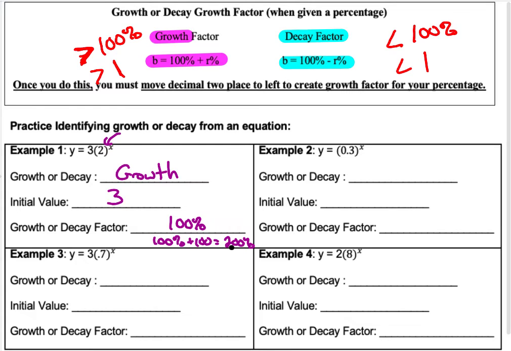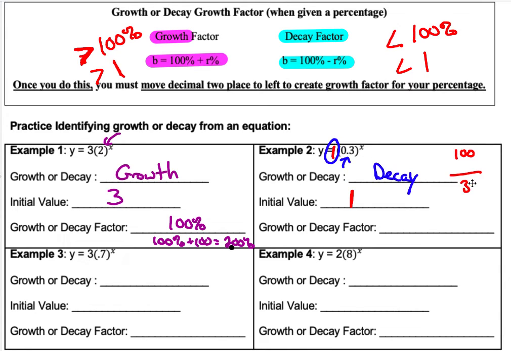All right, next one. I look inside and I've got 0.3. That's definitely less than 1, less than 100%. So this is going to be a decay function. I don't have a number out front, but remember, whenever there's not a number out there, we really know it was a 1. So it had an initial value of 1. And then how much did it change by? Well, it started at 100%.